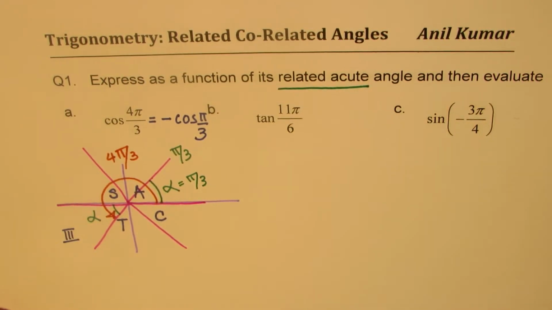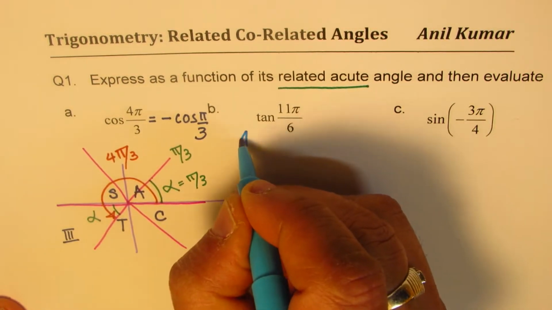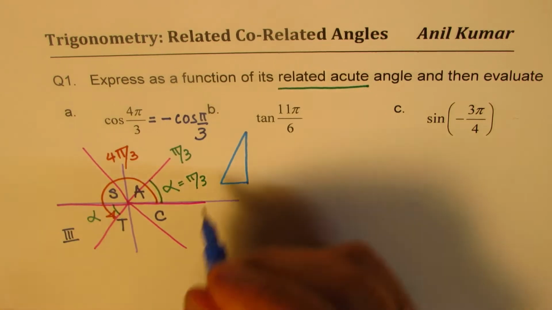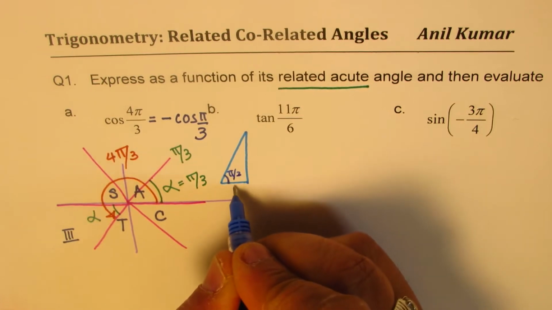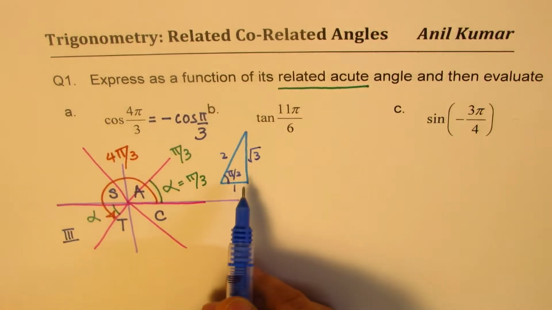Now let's do the second part, and that is to evaluate. To evaluate, we will always look into special triangles. So let me sketch the special triangle for the given scenario. In this case, we have cos of pi by 3, which means the angle pi by 3 in the triangle. This side is 1, this is 2, that is square root of 3. So you should know your special triangles.